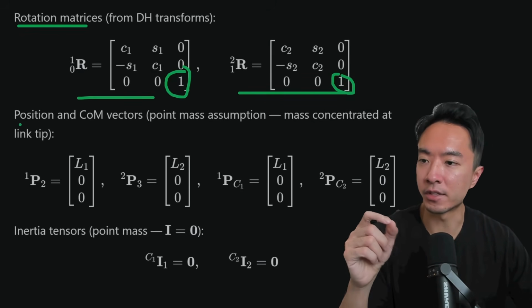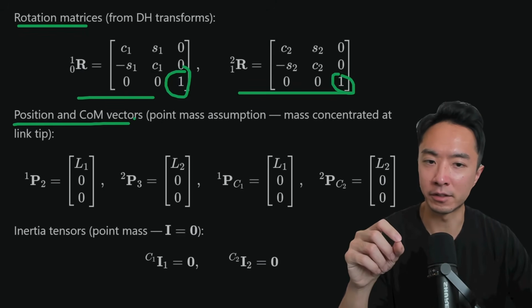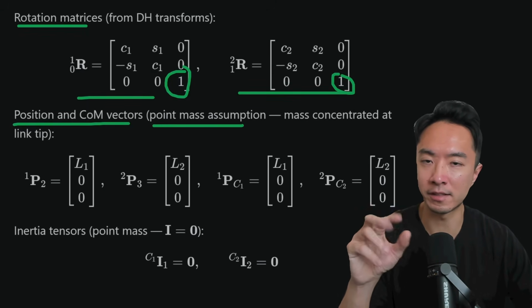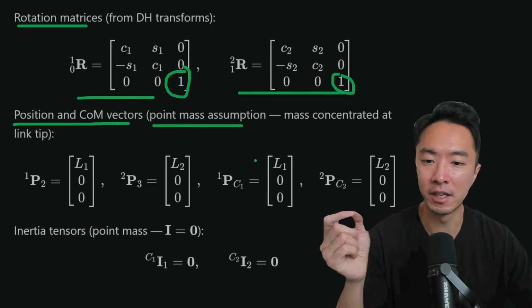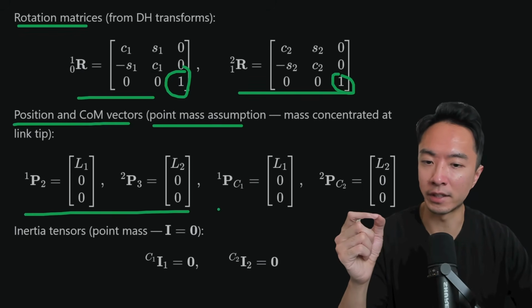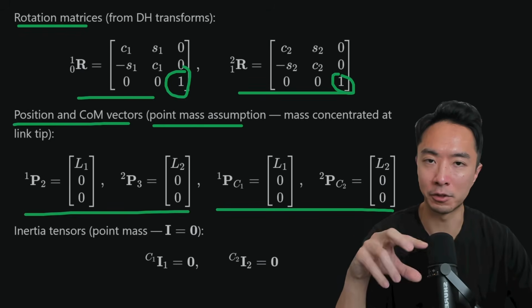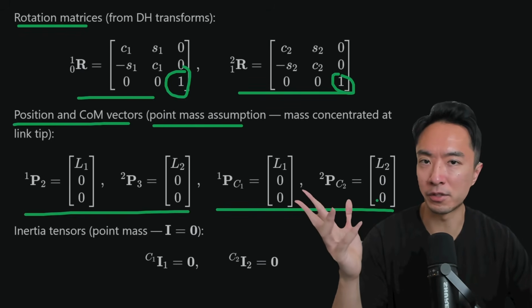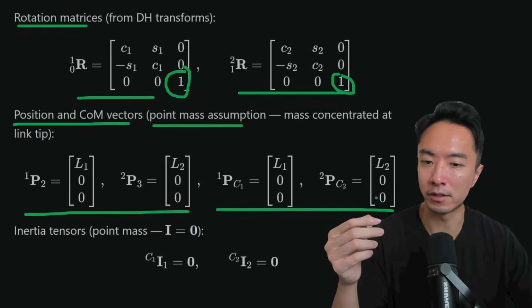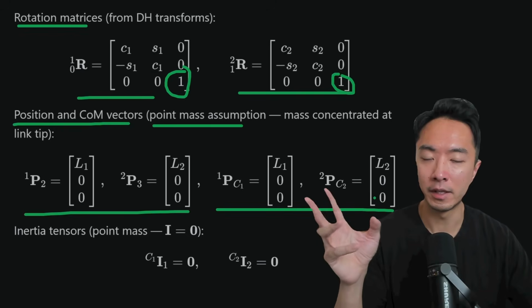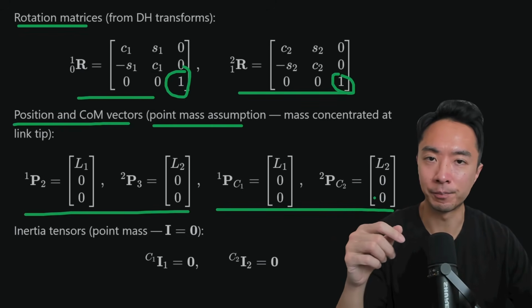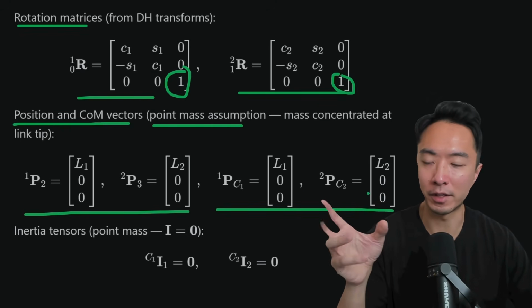And then we have our position and center of mass vector. Because we're assuming a point mass assumption, it makes it a little bit easier. That's why our position vectors and our center of mass are going to be the same, because it's at the location of the joints. Otherwise, normally it might be somewhere in between. So you'll have to figure that out from your CAD model or whatever method you're using.